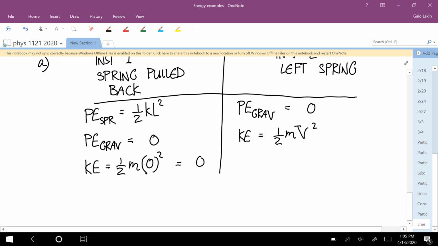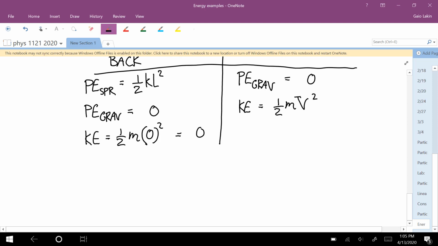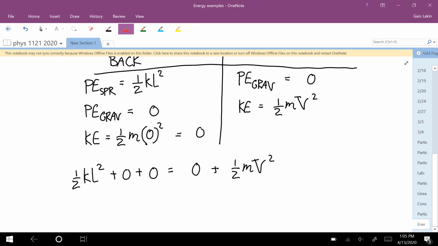Well, since none of the non-conservative forces do any work, we can use conservation of mechanical energy. And that says that 1/2 KL squared plus 0 is equal to 0 plus 1/2 mv squared. You can divide both sides by 1/2.